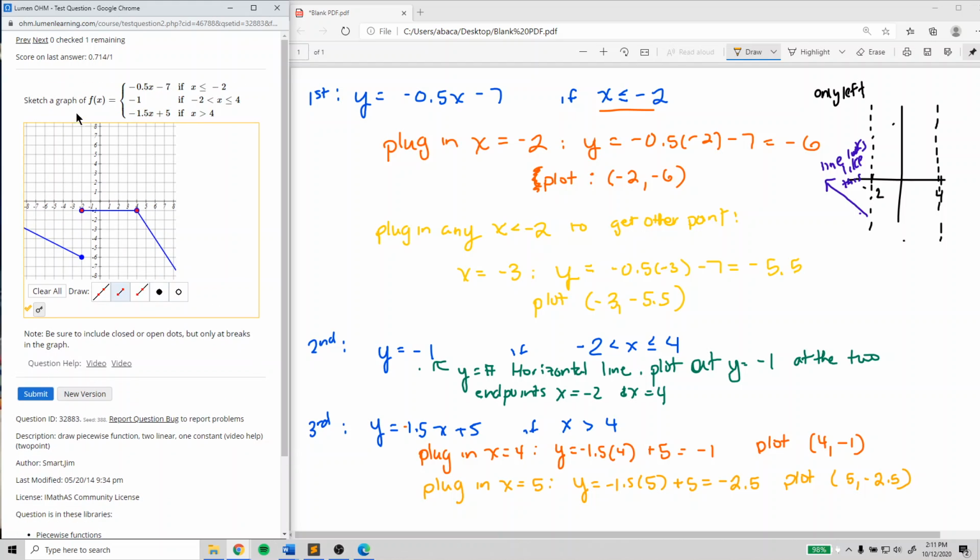If you submit it, it won't give you the full credit. So you got to make sure that you don't put in a circle there, because it's not a break. And the annoying thing is, if you mess up one little part, you got to redo it all. I can't erase that point, so keep that in mind.